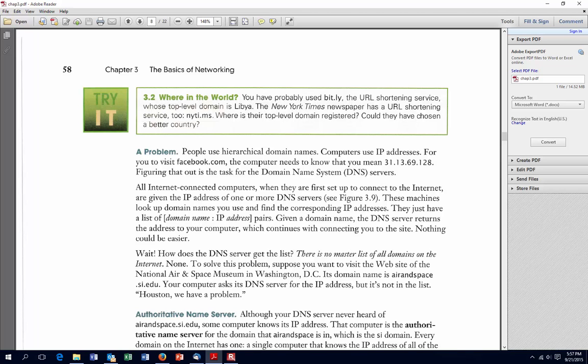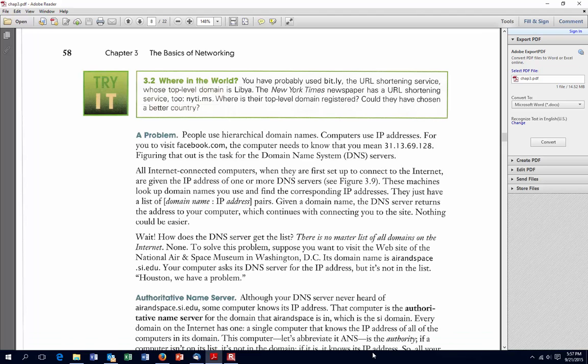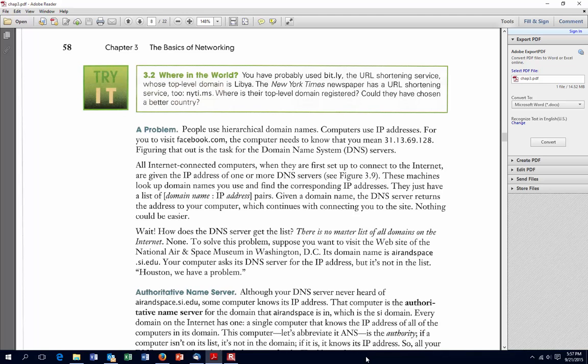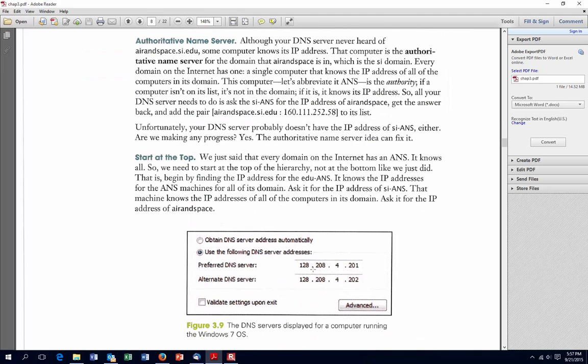So if you try and go out to something like google.com, your router does not know how to get to that. Therefore, it will go and query the next DNS server that's further up the chain from it. This then continues to go up until the DNS server finds one that is an authoritative name server that can provide the address that you're looking for.